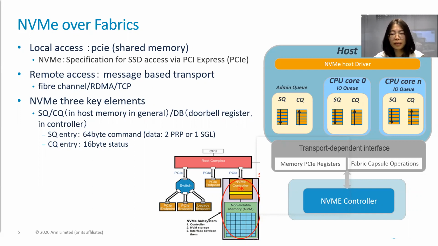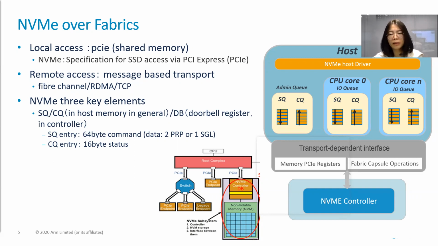For local access, NVMe maps commands and responses to shared memory in the host over the PCIe interface protocol, while NVMe over fabrics uses a message-based model for communication between a host and the target storage device. Currently, we have NVMe over RDMA, over TCP, and over Fibre Channel.